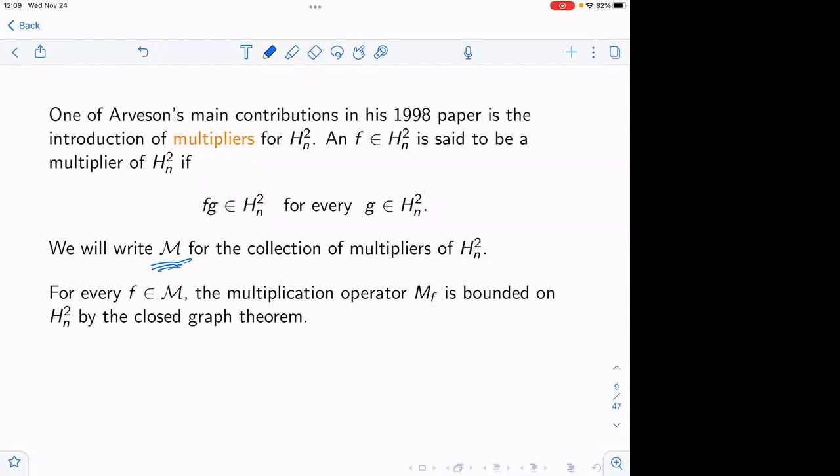Now, it's a simple consequence of the closed graph theorem that if you have a multiplier, then the multiplication operator is bounded on the Drury-Arveson space.